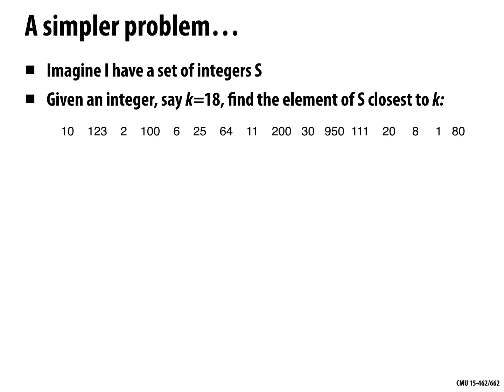For each entry of the list, I compare the query value k to the value in the list. I take the difference, and I keep track of the smallest difference. And whatever entry had the smallest difference, that's my closest value. In this case, 20. All right, so that sounds a lot like our initial naive ray mesh intersection algorithm.